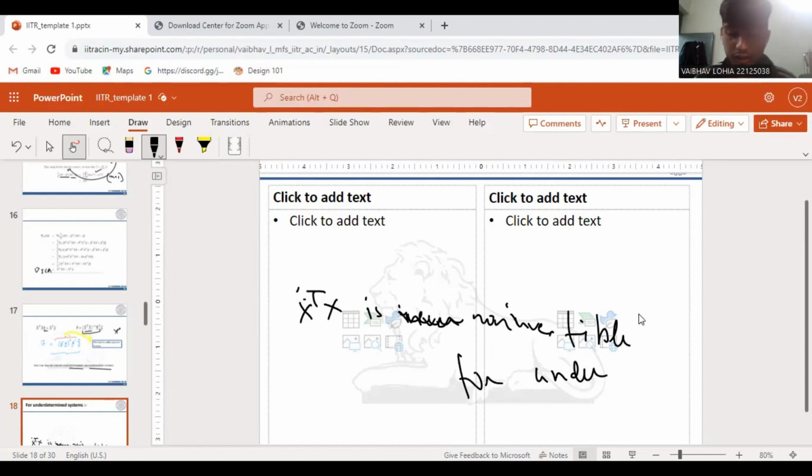This is so because let's take an example of an underdetermined system.